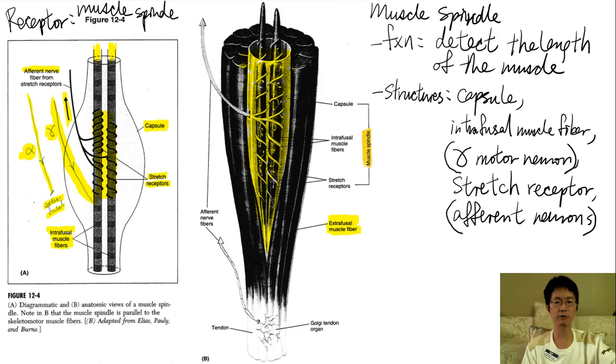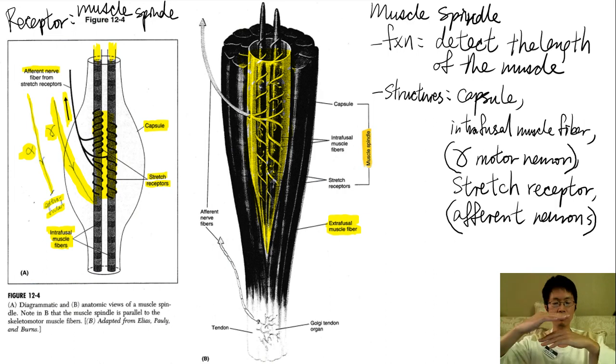So what happens with this configuration is that when your extrafusal muscle fiber, let's say your quadricep, is changing length, for example contracting and shortening like this, then the intrafusal muscle fiber, because it is embedded in the extrafusal, will also contract at the same time. The external one contracts, the internal one also contracts at the same time.